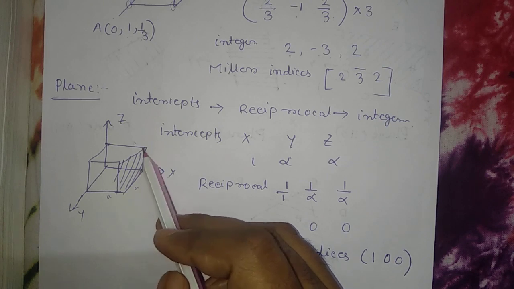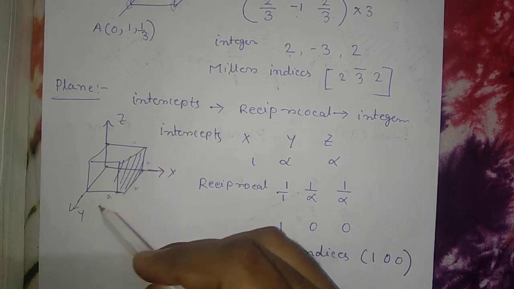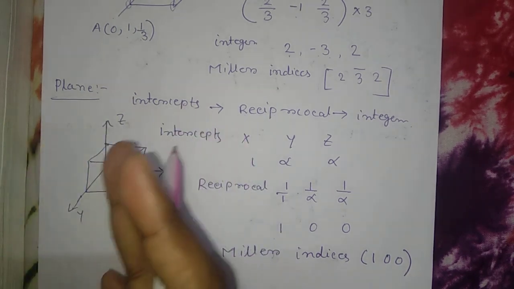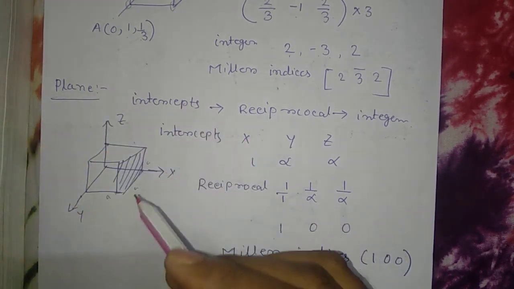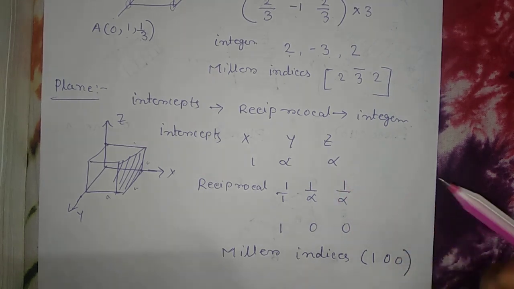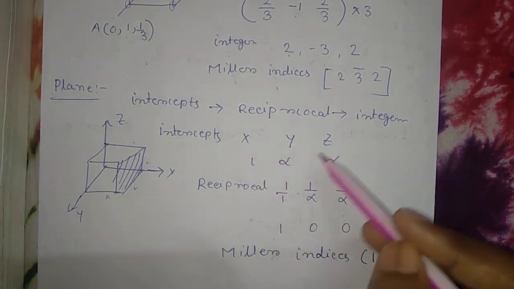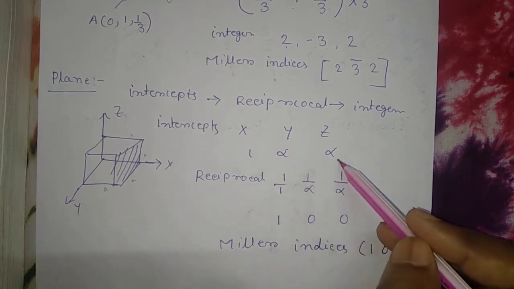there is no meeting point on the y-axis and z-axis, because the plane is parallel to the y and z axes. So it will meet at infinity. The intercept points for the x, y, and z axes will be 1, infinity and infinity.